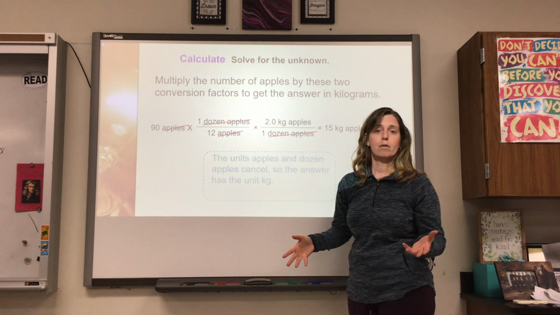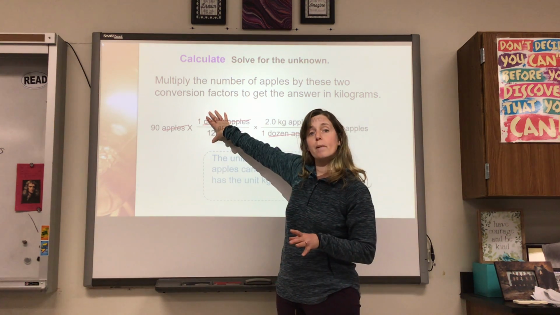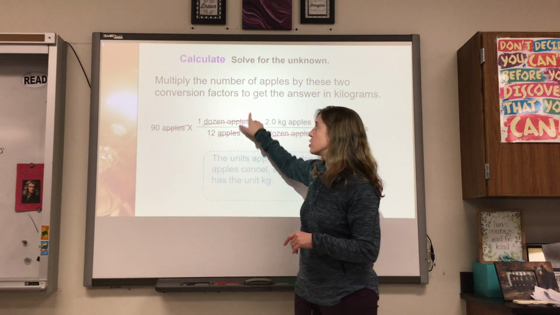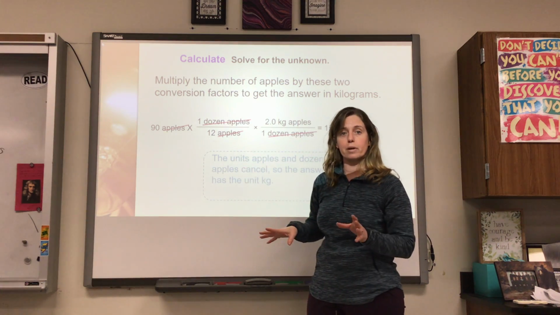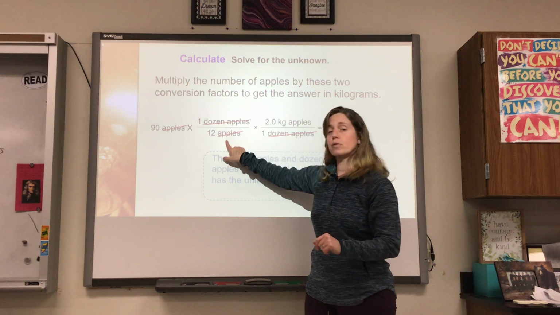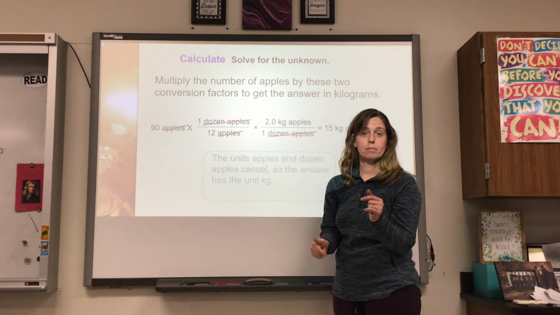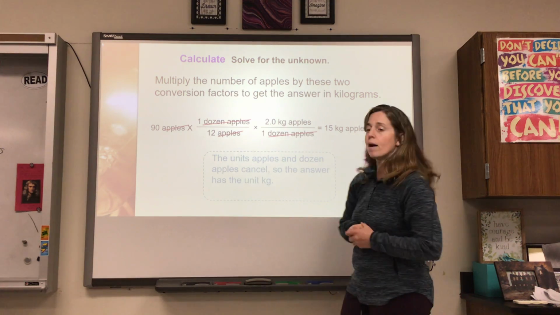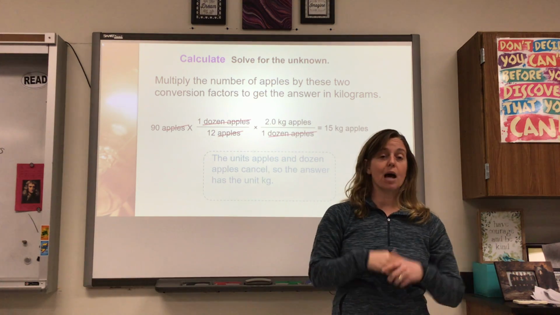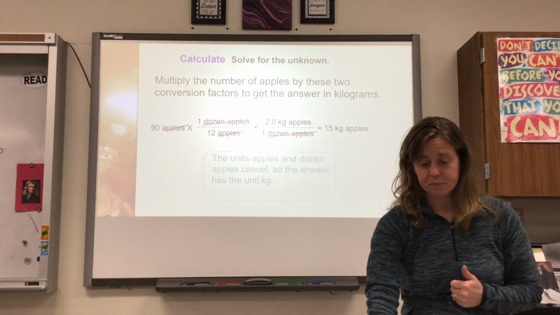It doesn't matter. What does matter is if you multiply by the ratio format, you need to make sure you put each ratio in parentheses in your calculator: 90 times parentheses 1 over 12 times parentheses 2 over 1. That will give you 15 kilograms of apples. I would suggest testing that out to make sure you're doing it correctly.